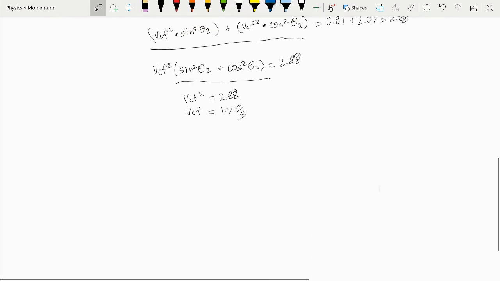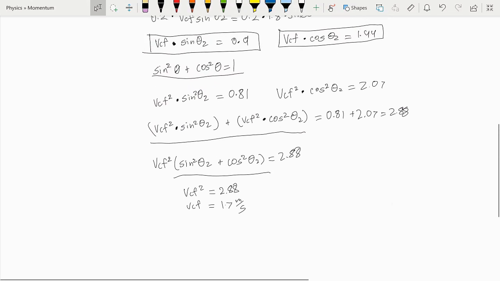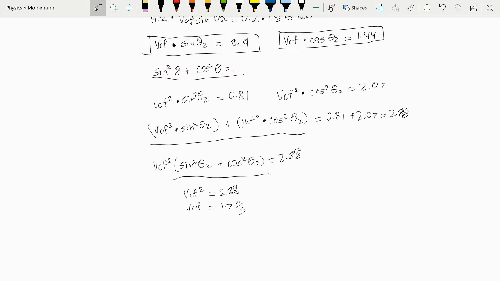And now, since we know VCF, we can easily find out theta 2. So we can use either formula for this, the one for sine or the one for cosine. I'm just going to pick the one for sine.